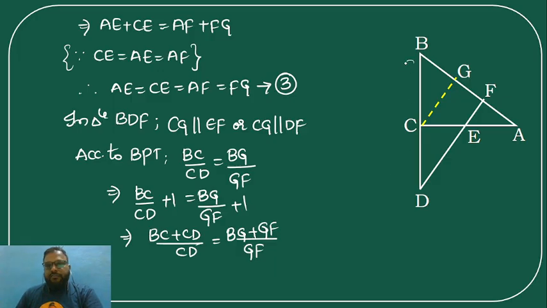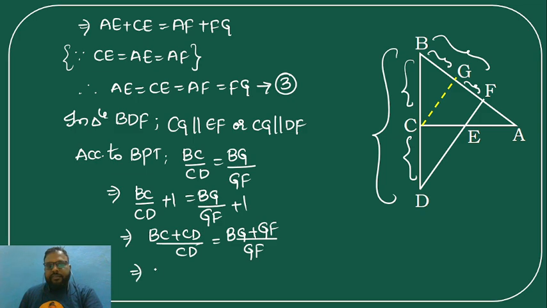If I add BC and CD, I will get this complete BD. And if I add BG and GF, I will get this complete BF. So I can write this as BD by CD is equal to BF by GF.